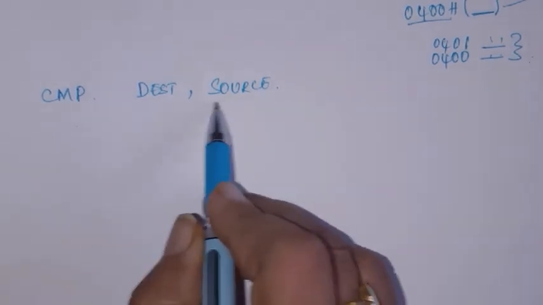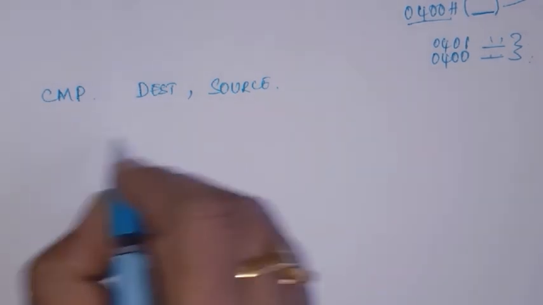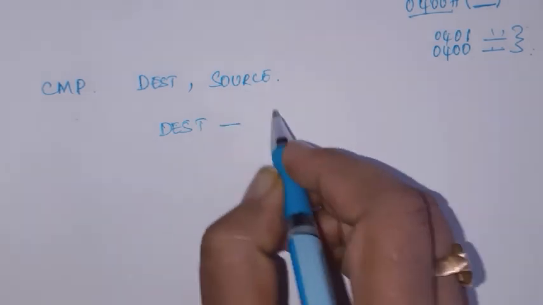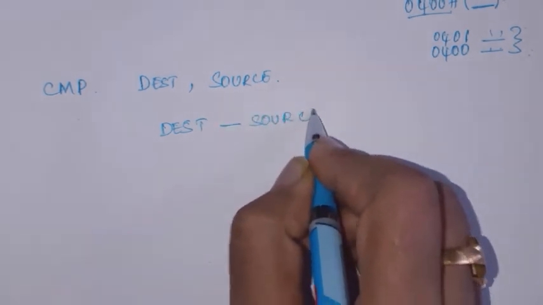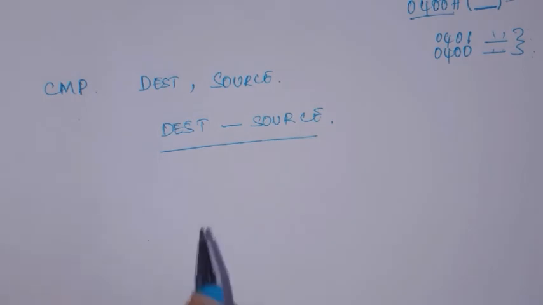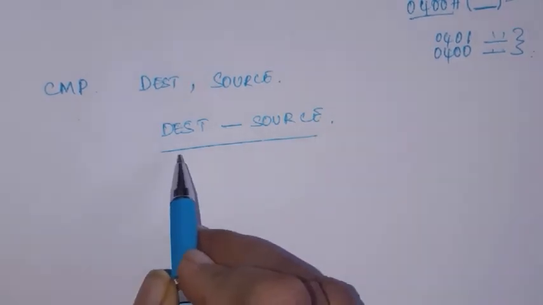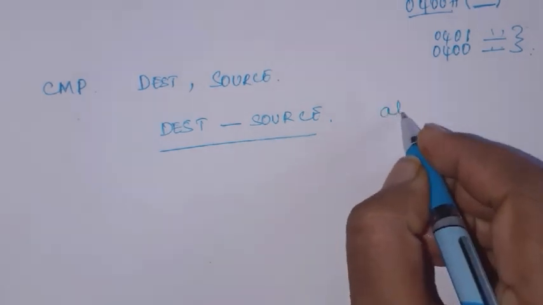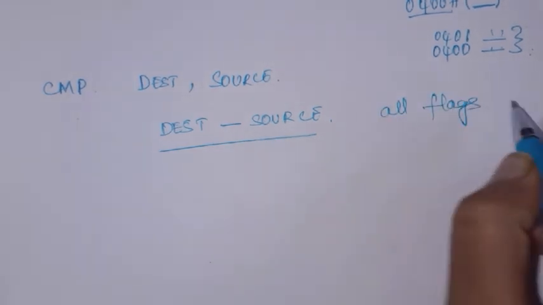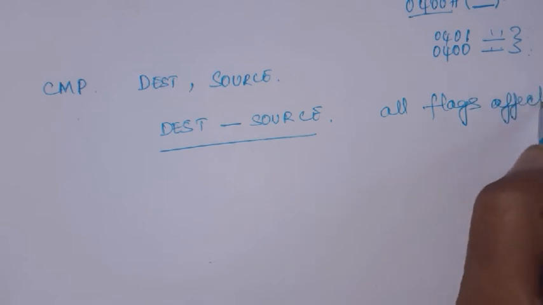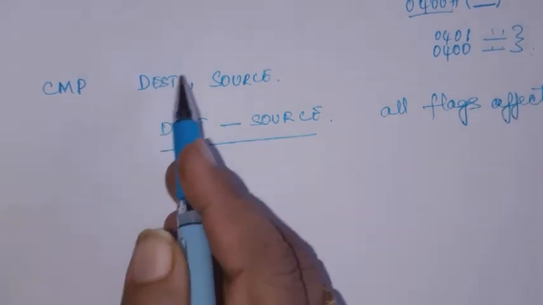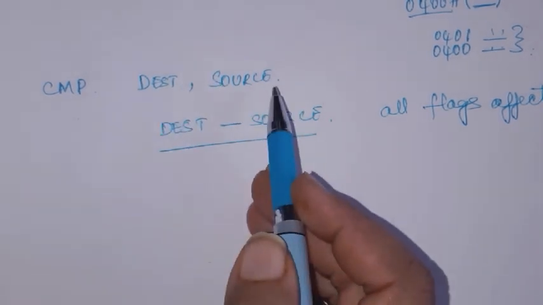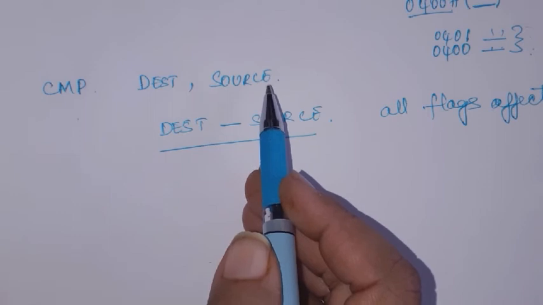Okay, so here the operation performed is destination minus source. Source is subtracted from destination. This is the operation performed and all flags are affected. Flags will tell whether the 2 numbers are equal, or which one is greater or less than the other one.